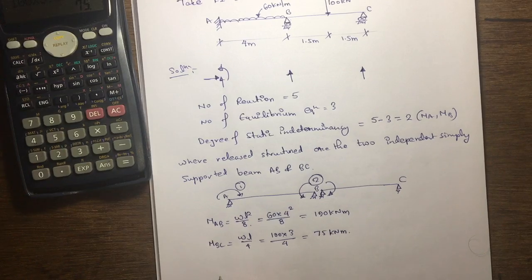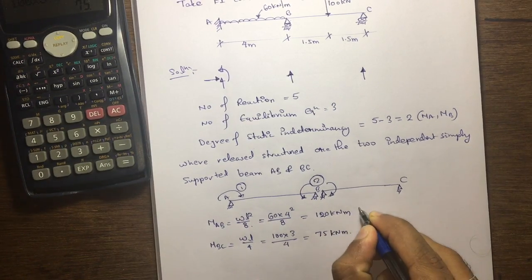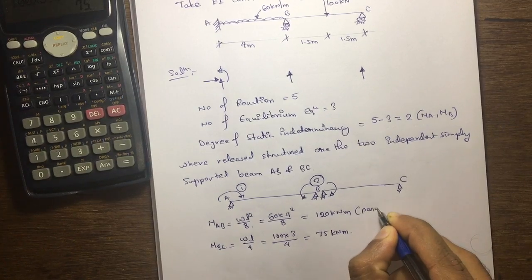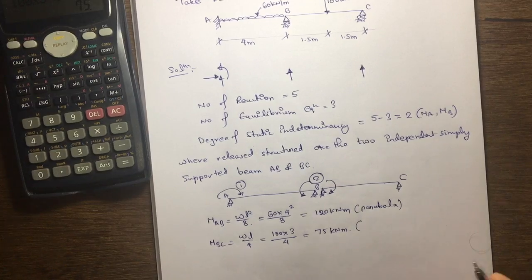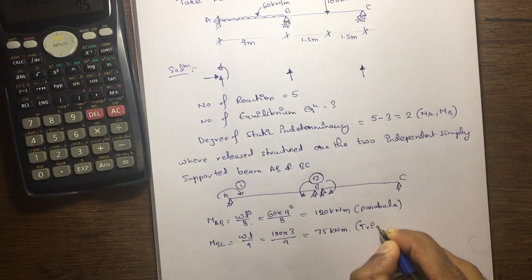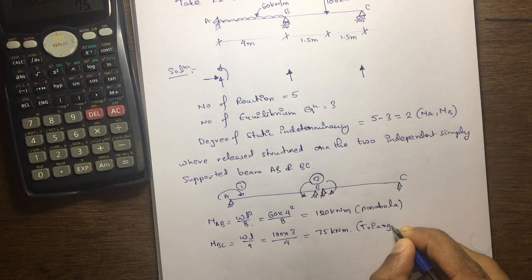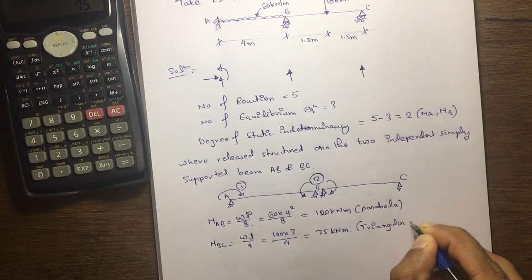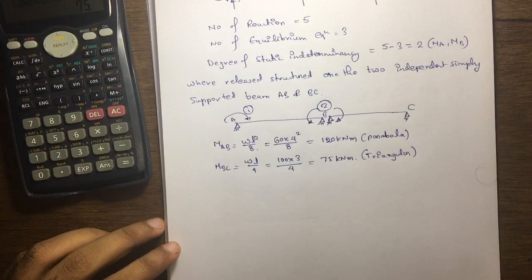So let us draw that conjugate beam. First one is UDL, therefore the bending moment diagram is a parabola shape. Then the second one is a point load, whose bending moment diagram is triangular in shape. So I will draw those two figures.